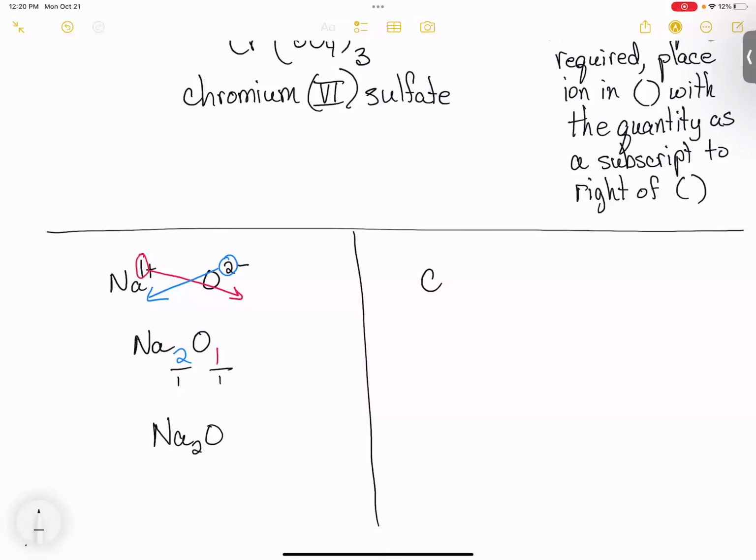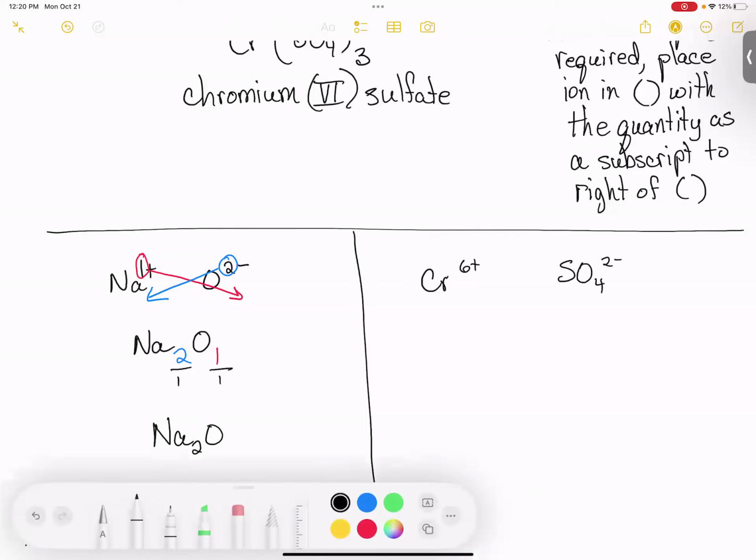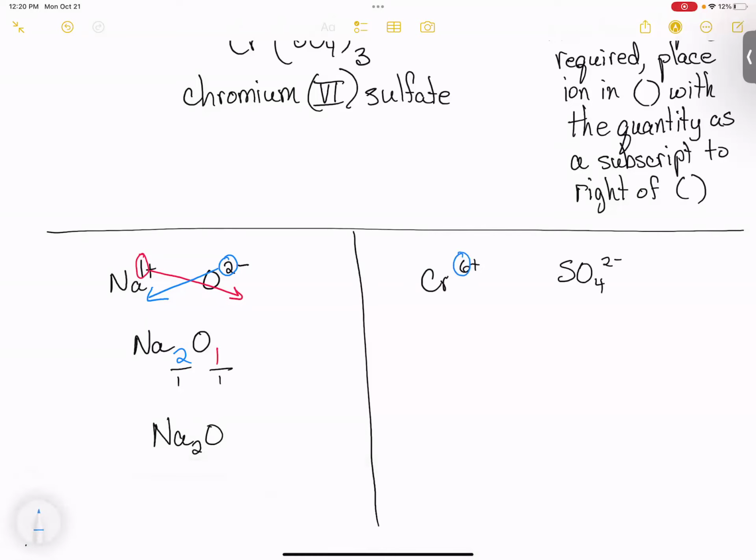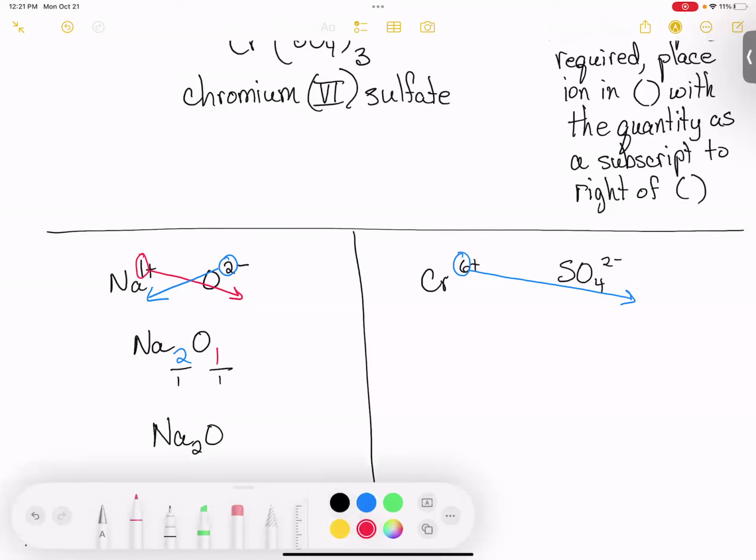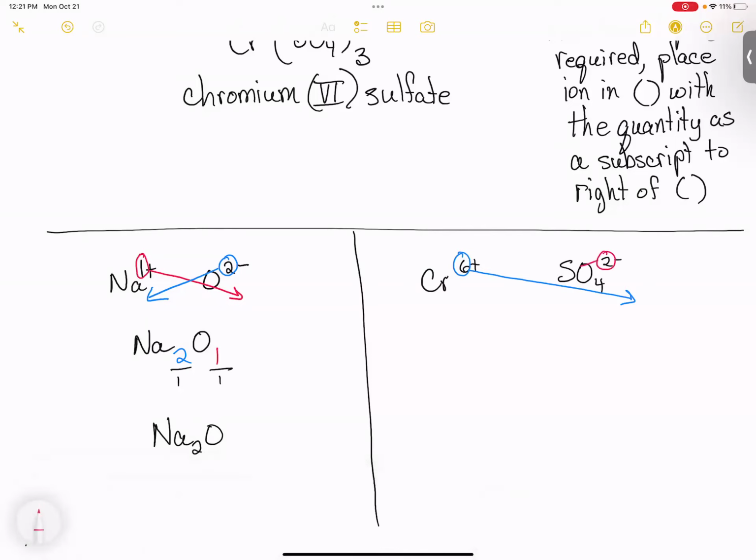Let's look at our chromium 6 sulfate. You're going to take the number associated with the chromium and drop it on the opposite ion. You're going to take the number on the sulfate and drop it on the opposite ion.